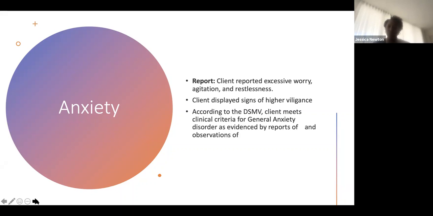So here I have: client reported excessive worry, agitation, and restlessness. Client displays signs of, and that should be hypervigilance.